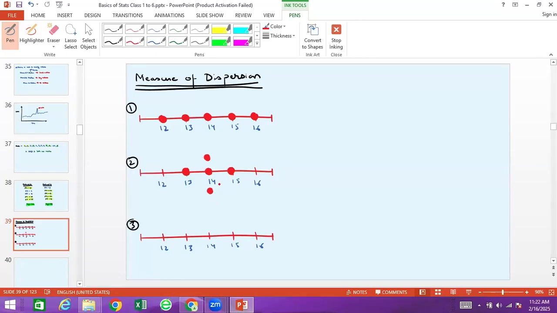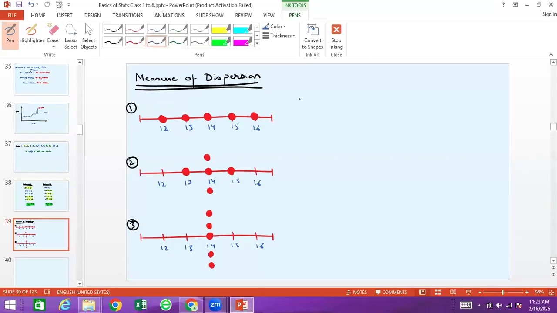Right? So there are a total of 3 data points at 14. One is at 13, one at 15. Or let's say all the 5 data points are at 14 itself. Okay, let's say these 3 scenarios are there.